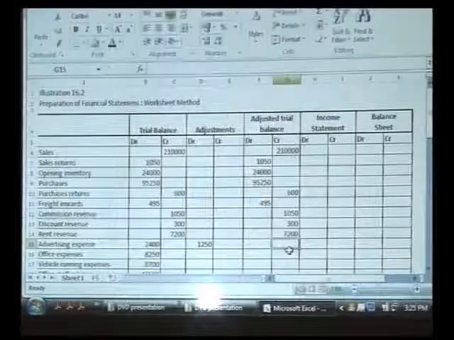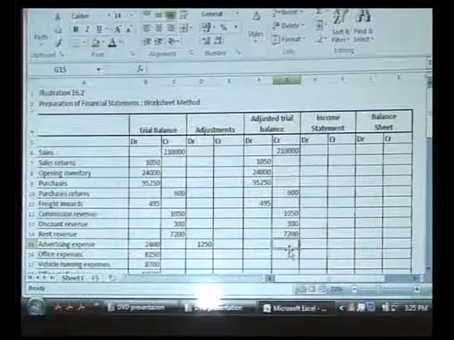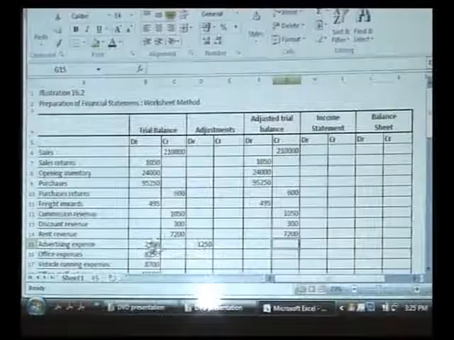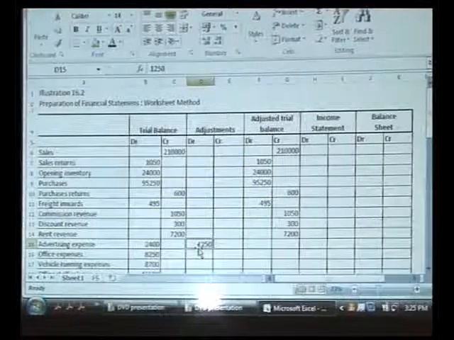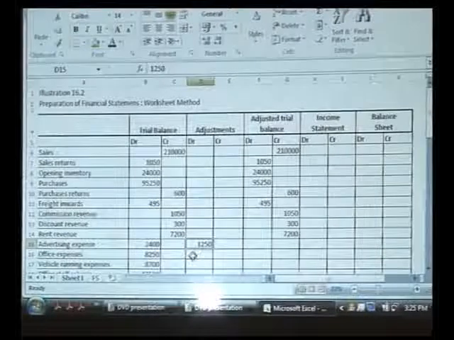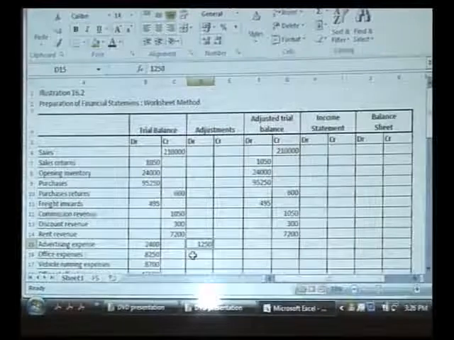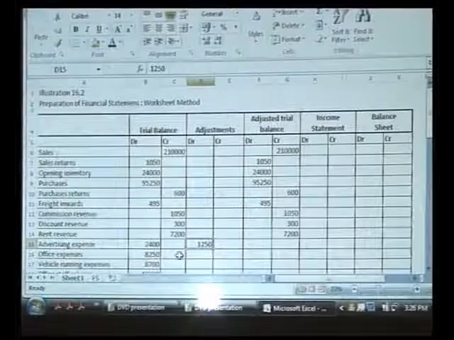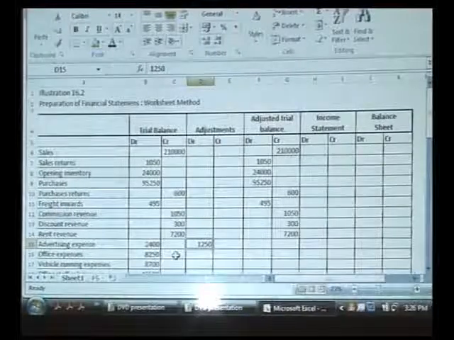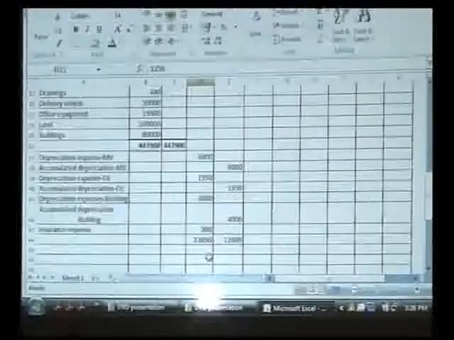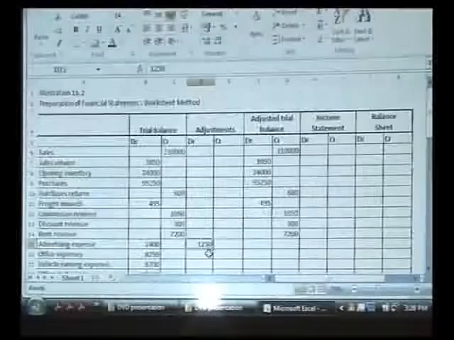But here, advertising expense 2,400, 1,250 additional debit. That means the 1,200, I think it is 1,200, right? Yes, 1,200.